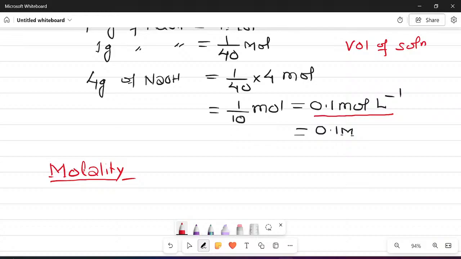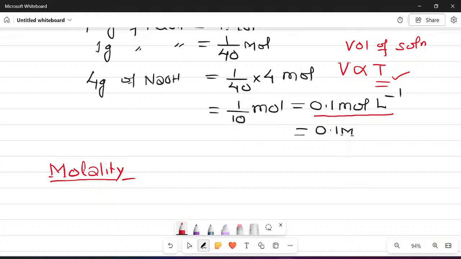Now from Charles' law, we know that volume is directly proportional to temperature. So if volume is directly proportional to temperature, that means your value of molarity will not stay constant if temperature changes. If temperature changes, molarity will change.